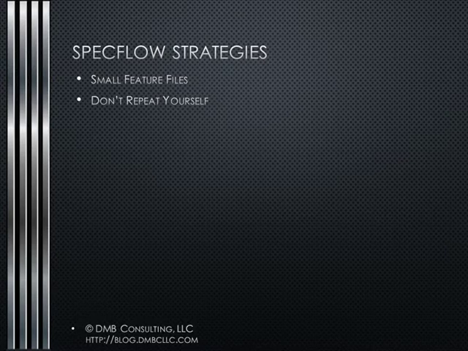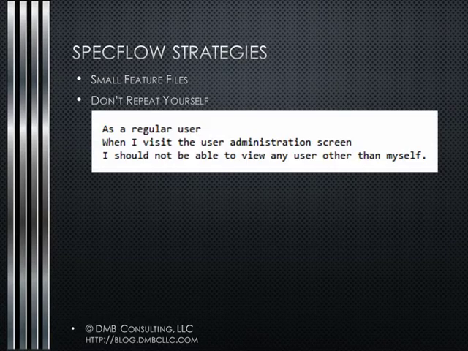The other issue you're going to have is that you're going to have a lot of the same steps being used between feature files. However, in my experience, there will be a lot more common features between the code I write for a particular screen than there will be for the before and after code I write. For example, I might write before code for various roles. As a regular user, when I visit the user administration screen, I should not be able to view any users other than myself.